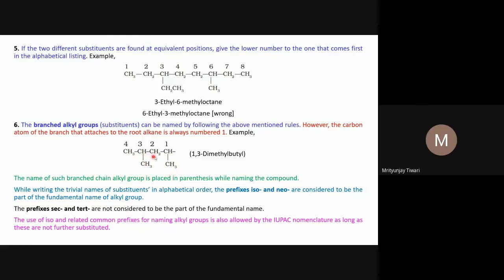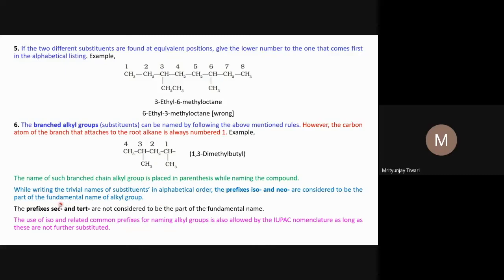Then four carbon atoms here, so dimethyl butyl, and we put this prefix for the branched hydrocarbon in parentheses. Whatever we write in parentheses means this alkyl group has a substituent, it has branches. That is why its name is written in parentheses. So the name of such a branched chain alkyl group is placed in parentheses while naming the compound.